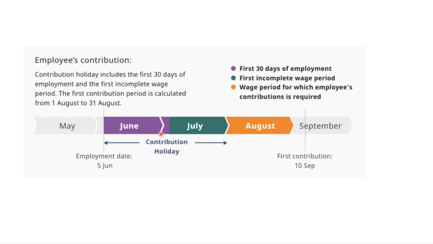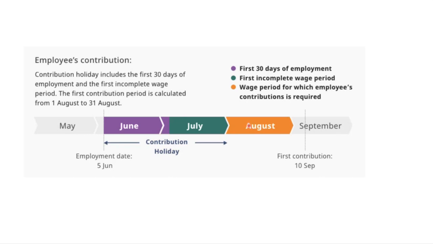As I mentioned, 5th June is not a complete month, so the whole of July they also don't need to contribute for. That is the first incomplete wage period where they enjoy the contribution holiday. So they will be contributing from the 1st of August.